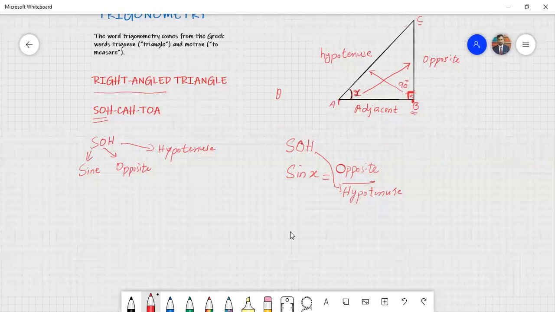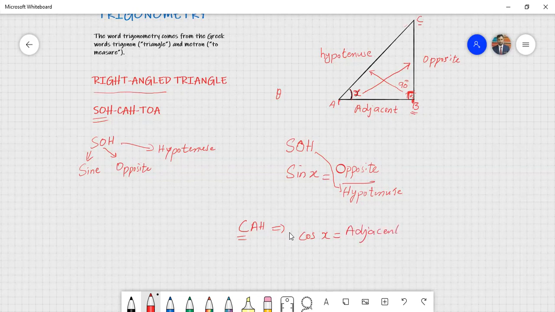Now the second thing, CAH. C is for cos of x, because I wrote this angle as x. So cos of x is equal to adjacent over hypotenuse.